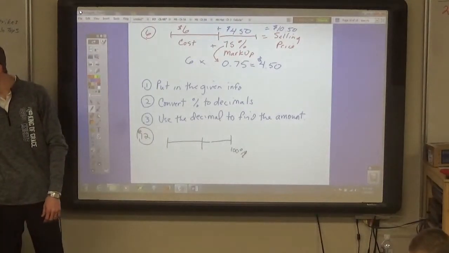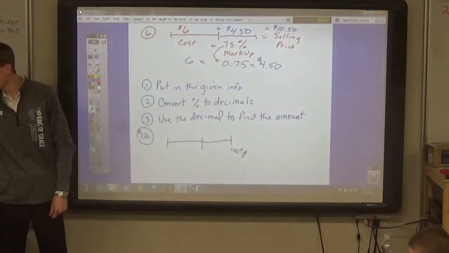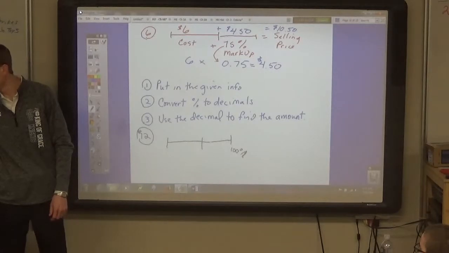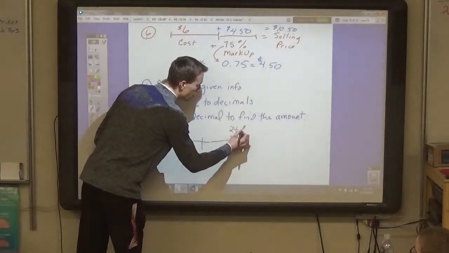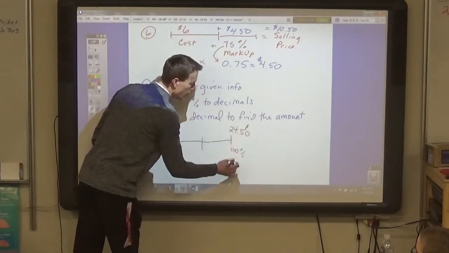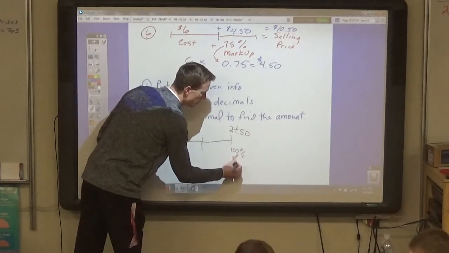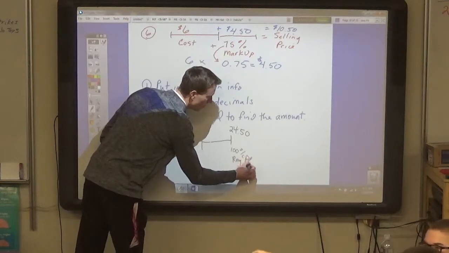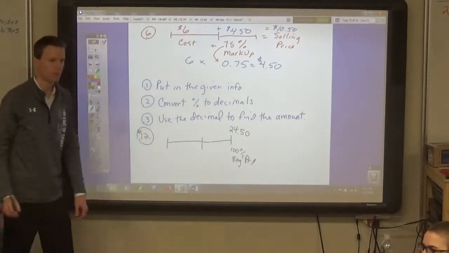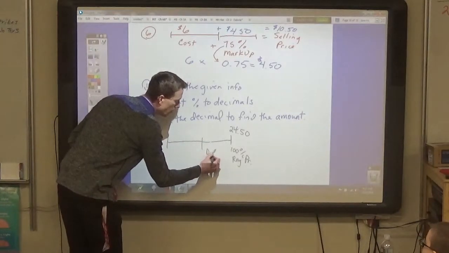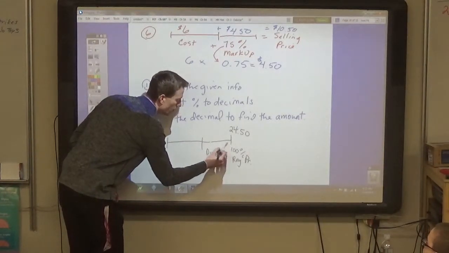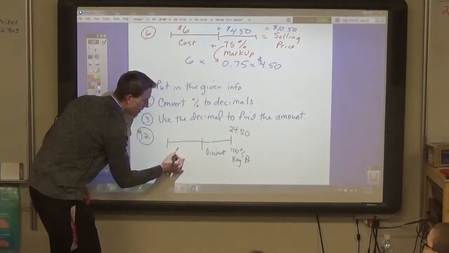Number 12 is $24.50. So this is the regular price. Then we're going to take off the discount. And that's going to give us the sale price.